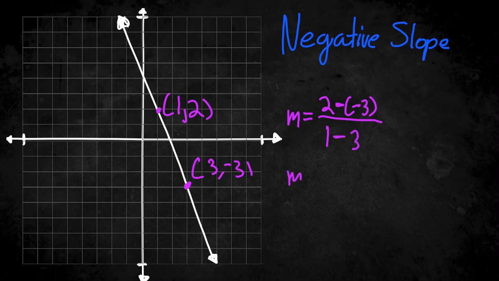That would be m equals -1 over 4. Since this is a negative number, this does have a negative slope.